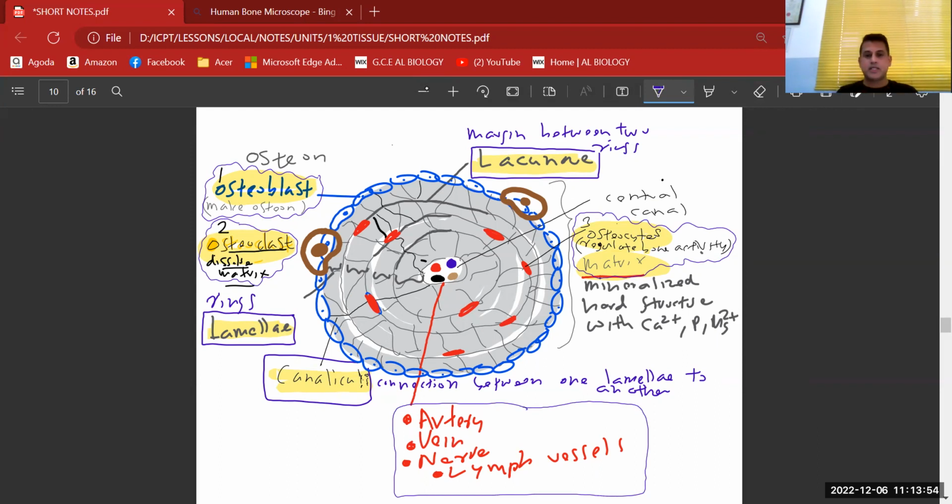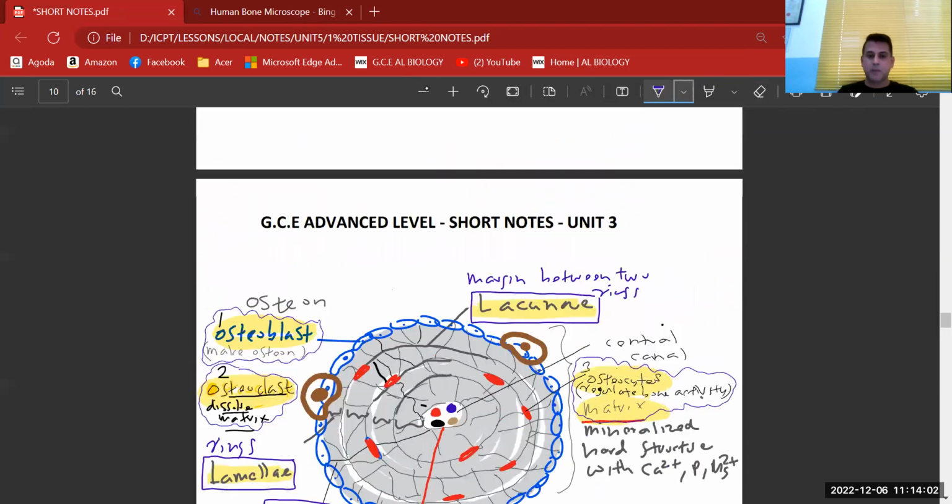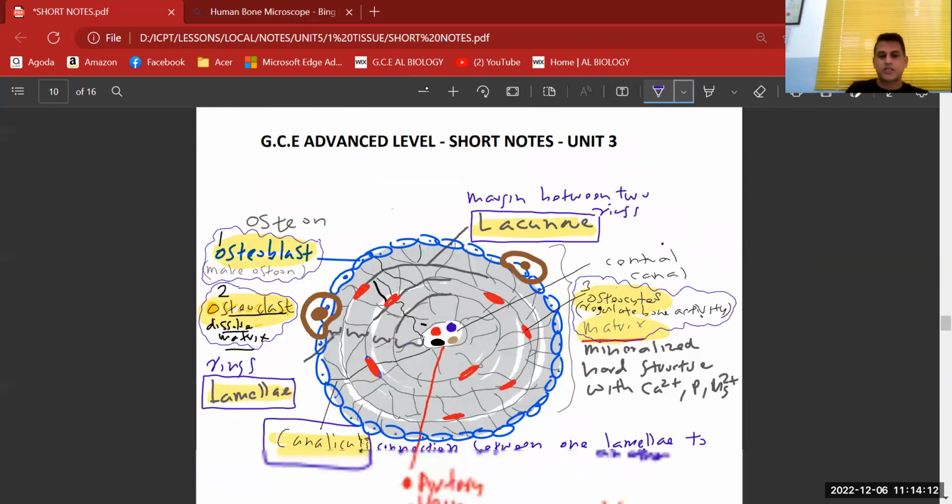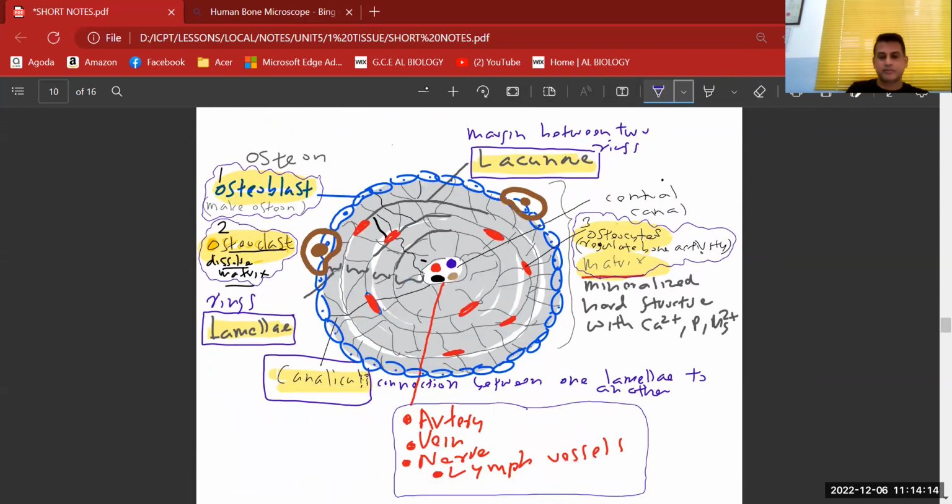Okay, that is the end of bone tissues. In summary, the bone is made out of bone marrow and a collection of osteons, the hardest part. The osteon structure is like this.